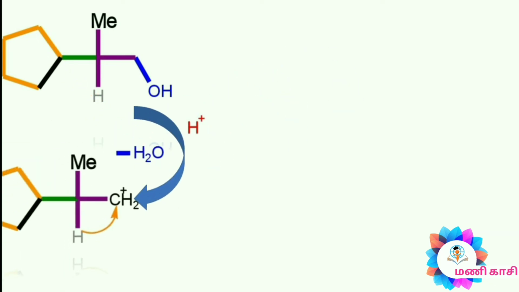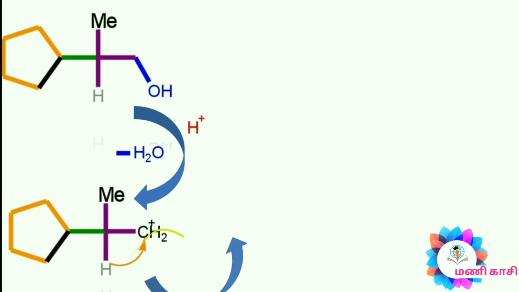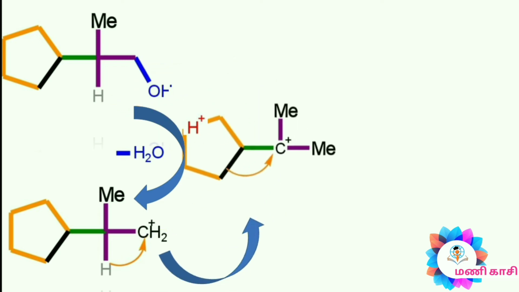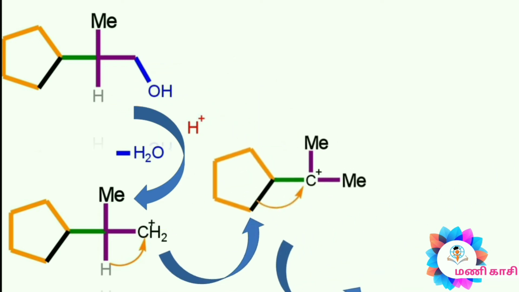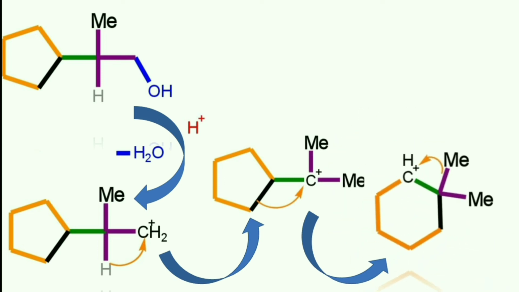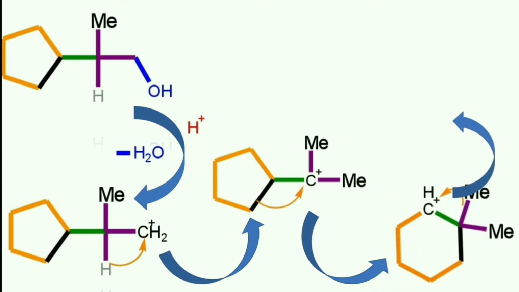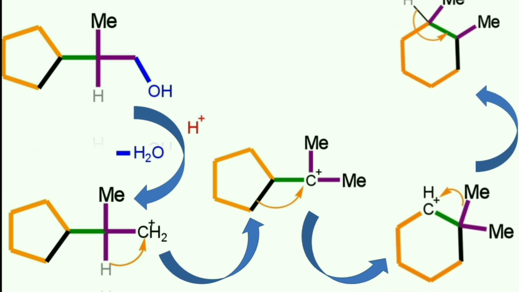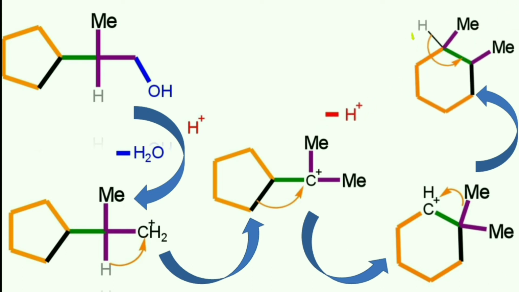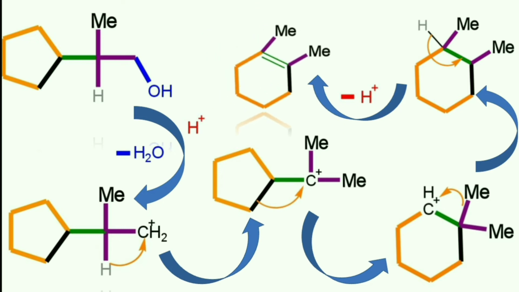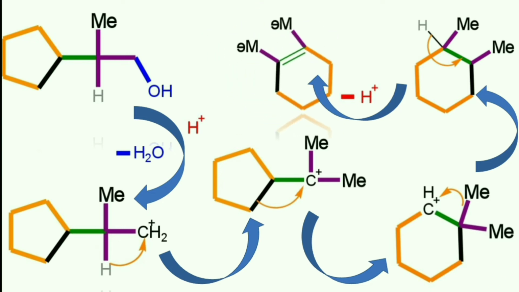Step 2, hydrogen shifts to the positively charged carbon. Step 3, a bond migrates to the positively charged carbon. Step 4, migration of methyl to the positively charged carbon. It is also known as a 1,2 shift. Step 5, deprotonation of hydrogen, and it gives 1,2-dimethyl cyclohexene.